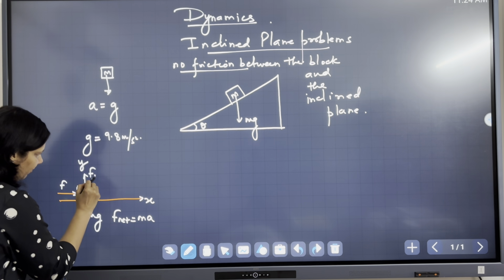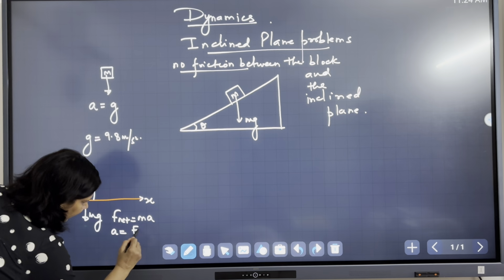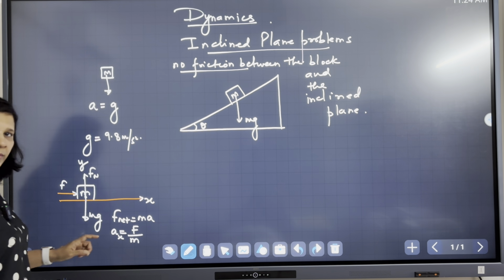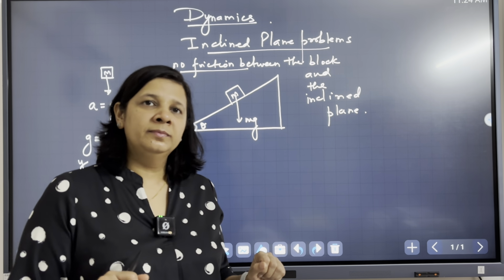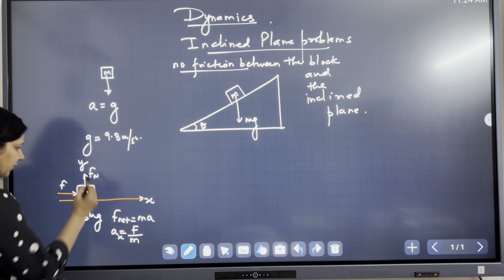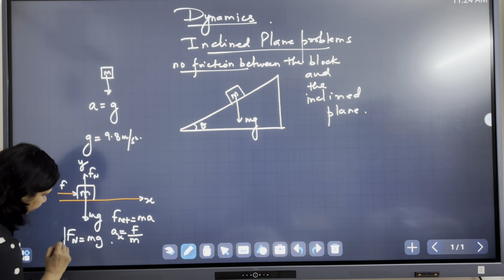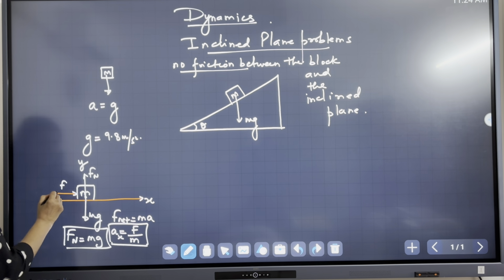The acceleration will be F over m, and this acceleration is in the x direction, okay. There is no acceleration in the y direction, so all the forces will balance in the y direction. So normal force will be equal to mg, right, and the acceleration will be this. This is the applied force, right?